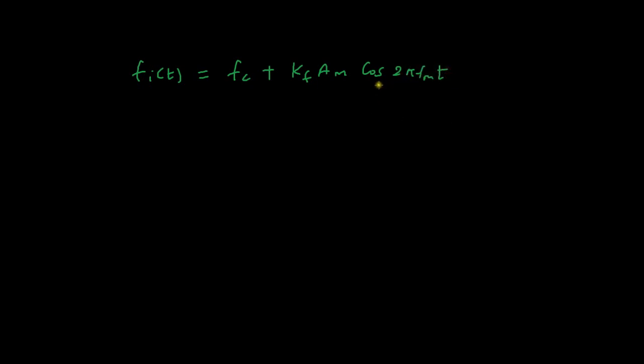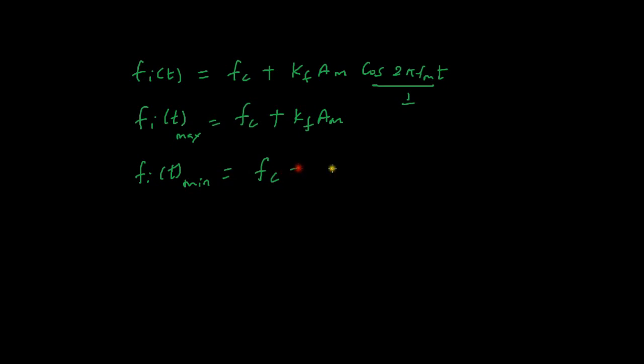So the maximum value of cos 2 pi fm t is 1. At that time our Fi will be Fc plus Kf into Am, and the minimum value of cos 2 pi fm t is minus 1. So this is max, and then Fi min will be Fc minus Kf into Am. So this is 1 and this is 2.